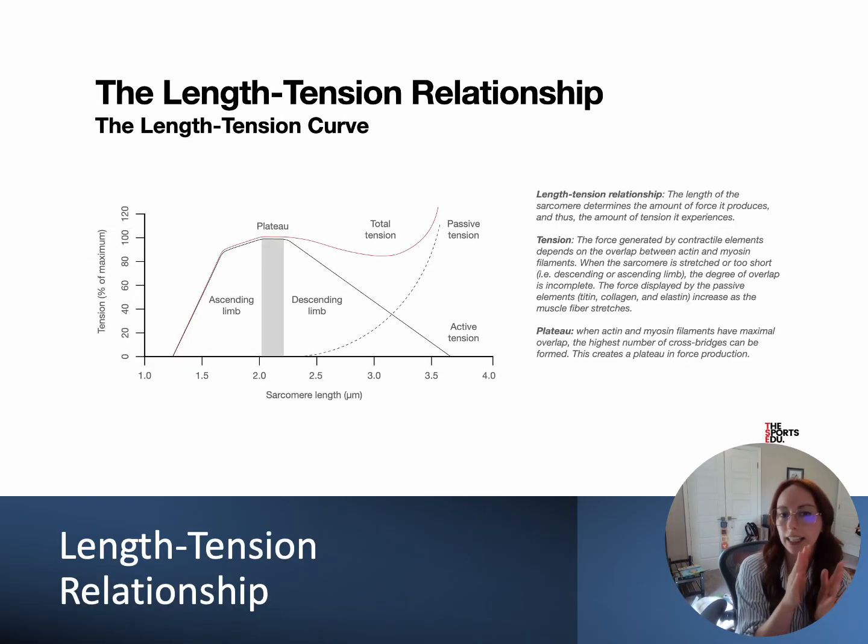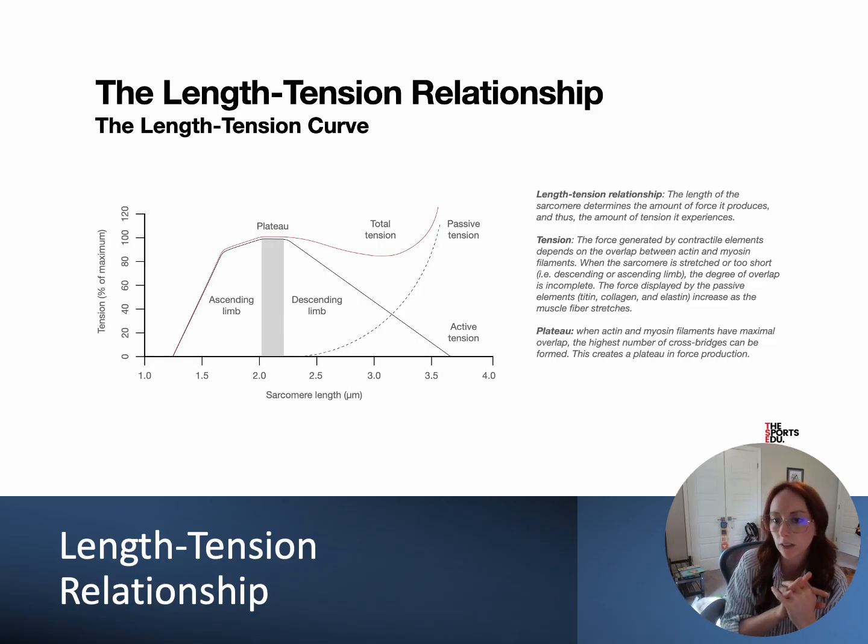So here is a description going over the relationship between the length of a muscle and the tension that it creates. The length of the sarcomere determines the amount of force it produces and thus the amount of tension it experiences. So the bigger the sarcomere, the more potential force available.